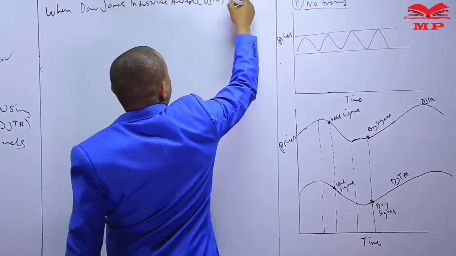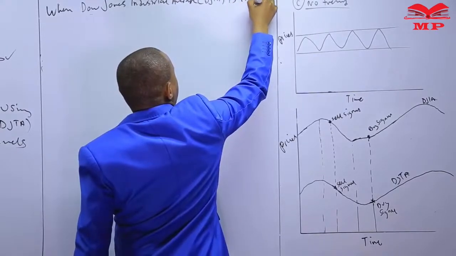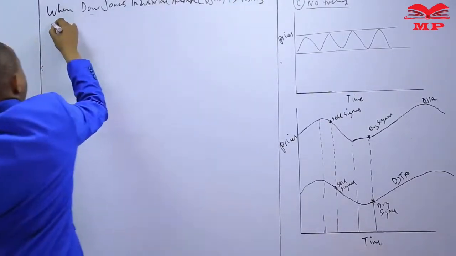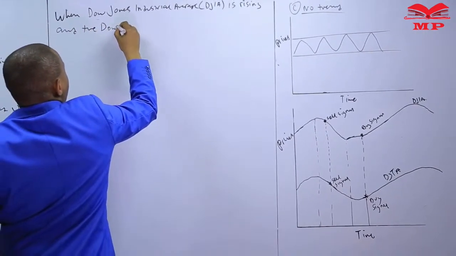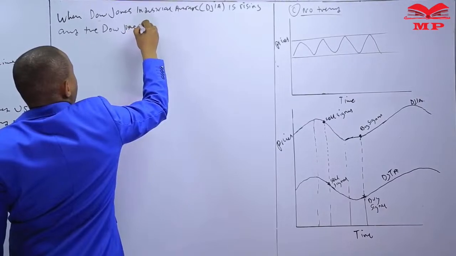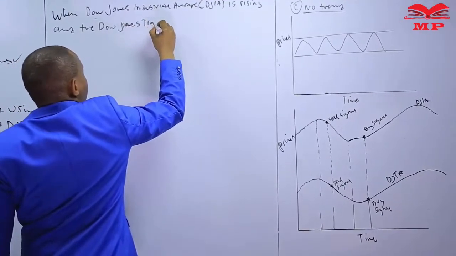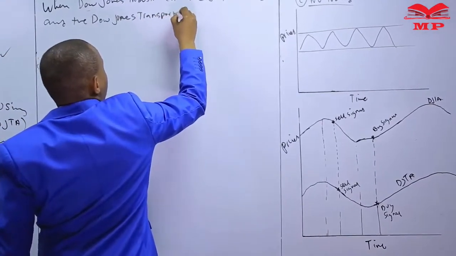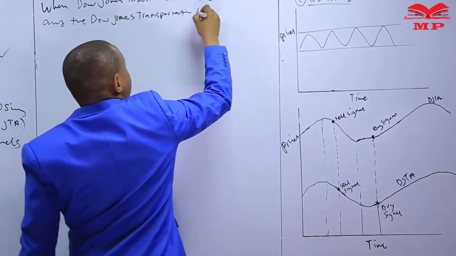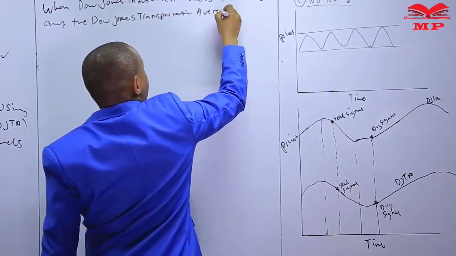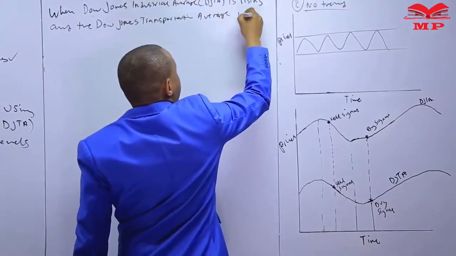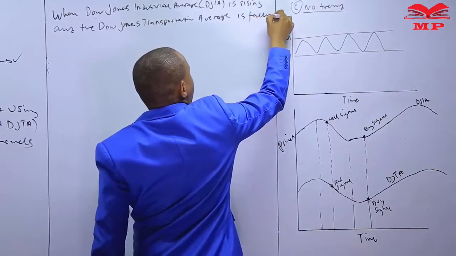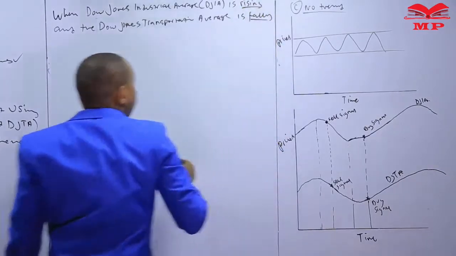DJIA, is rising, and the Dow Jones Transportation Average is falling. Rising, falling.